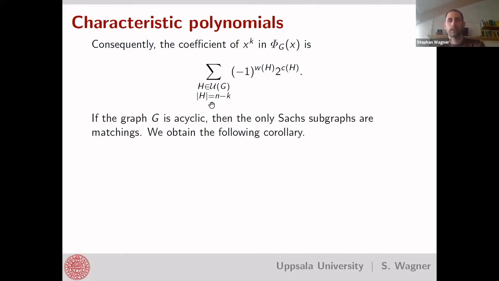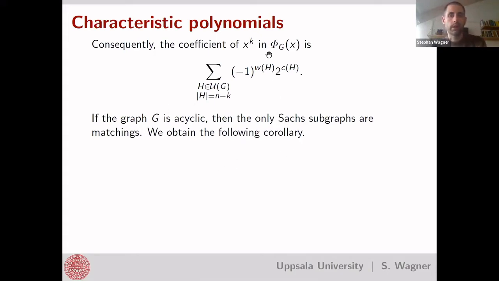If the graph doesn't have any cycles, well then the subgraphs are rather restricted because all their components have to be either edges or cycles in the graph. There are no cycles, so the subgraphs are precisely then collections of edges, and the edges have to be disjoint, so they have to form a matching.